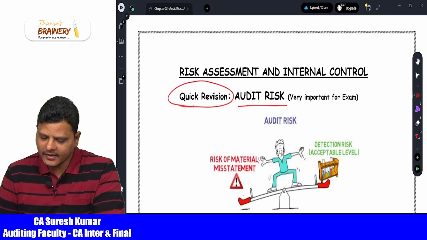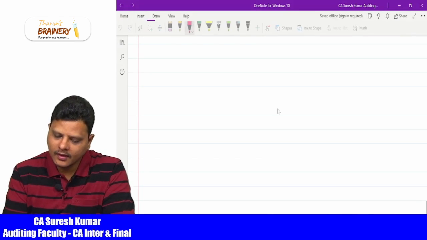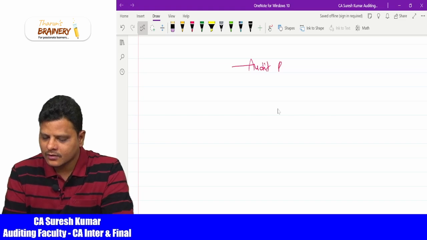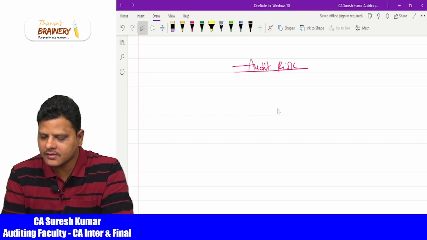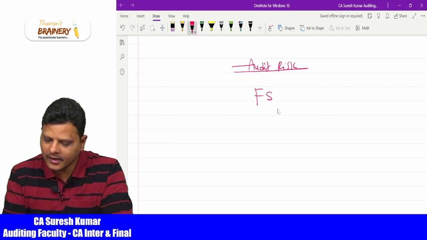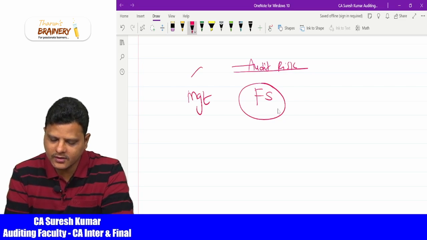Now let us take an example. Let us go for a live example to understand this particular concept of audit risk. Before explaining about the audit risk, we need to understand that the financial statements of the company should be prepared by the management. Now who is responsible to prepare the financial statements?